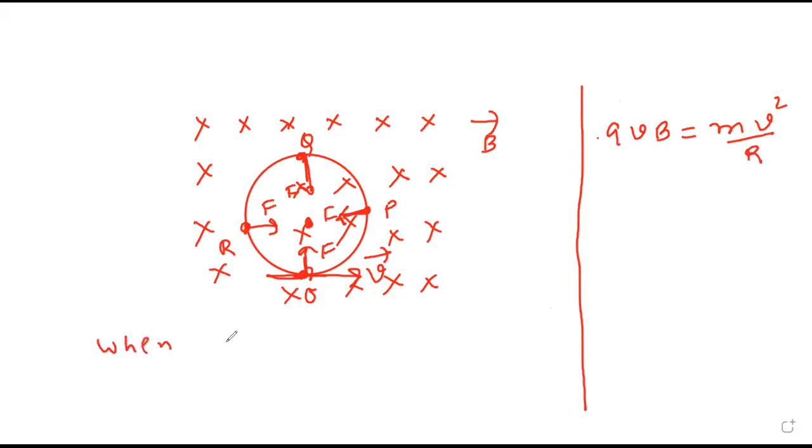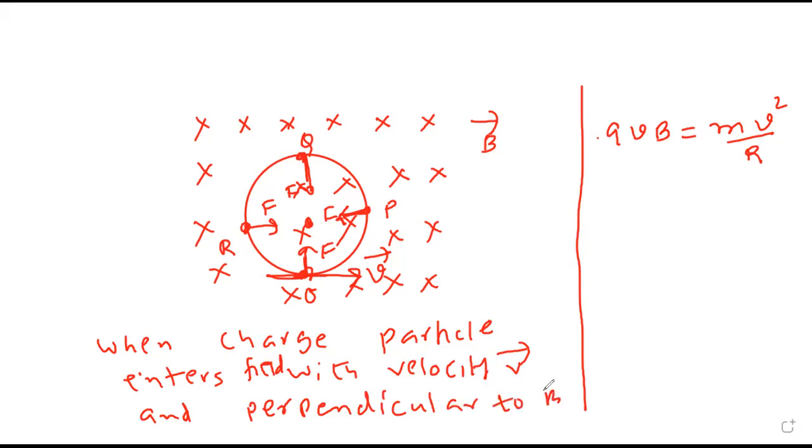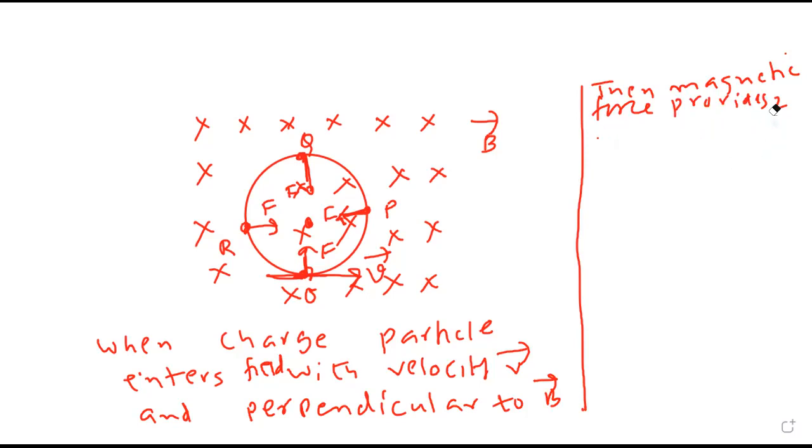So when a charged particle enters the field with velocity v bar perpendicular to B bar, then the magnetic force provides centripetal force.